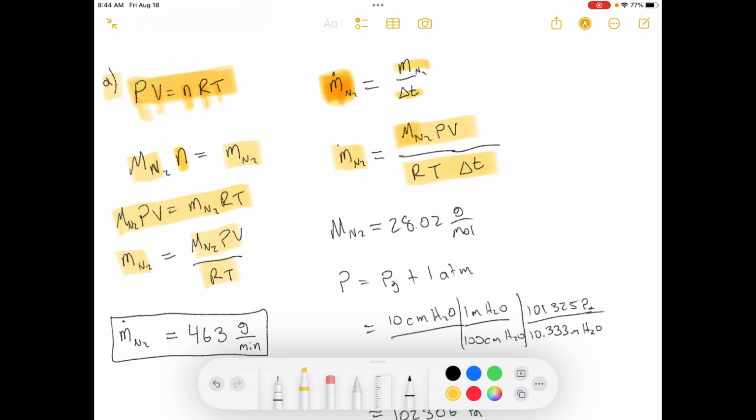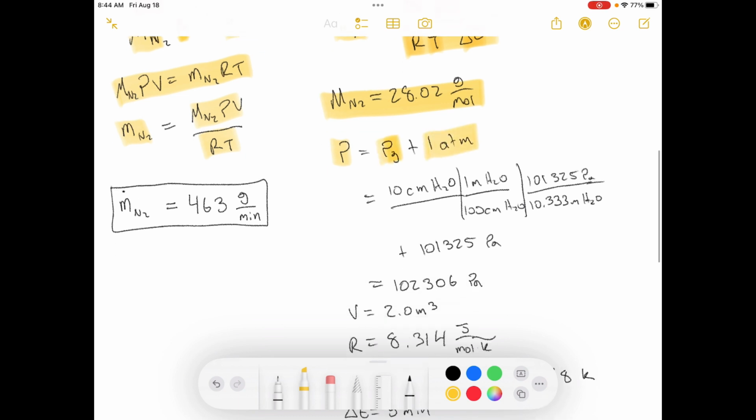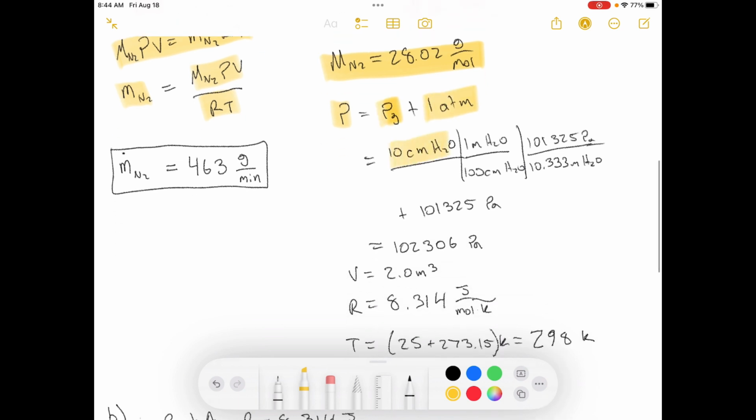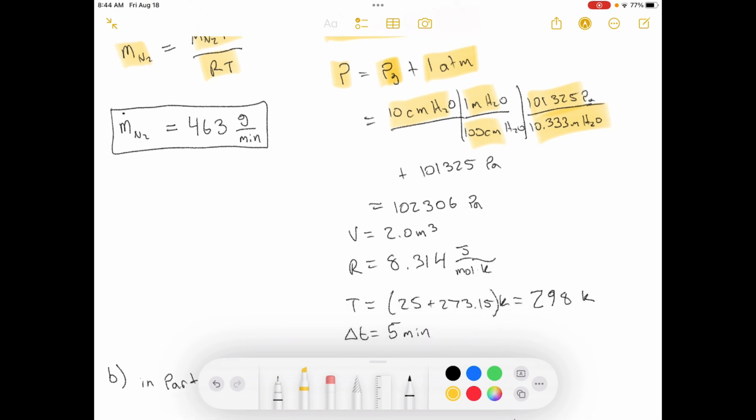Now we need to turn all of these things into usable units, like I was saying before. So this is our molar mass of nitrogen. Our pressure should be the gauge pressure plus an atmosphere. The gauge pressure is in 10 centimeters of water. Turn that into meters of water and then into pascals using the relations they have in the front of the book, plus 1 atmosphere.